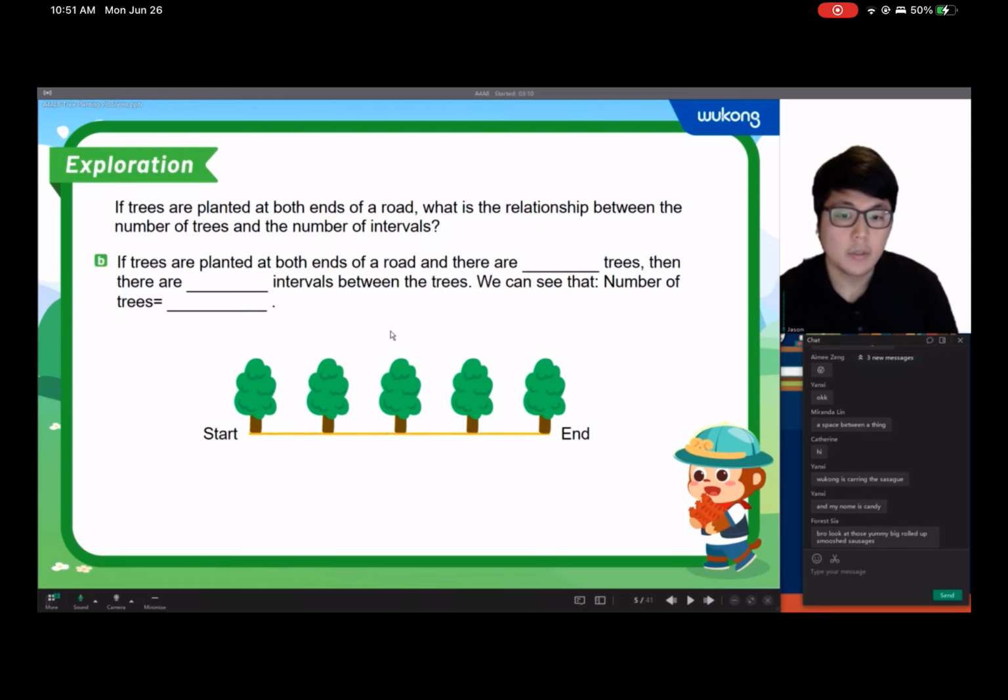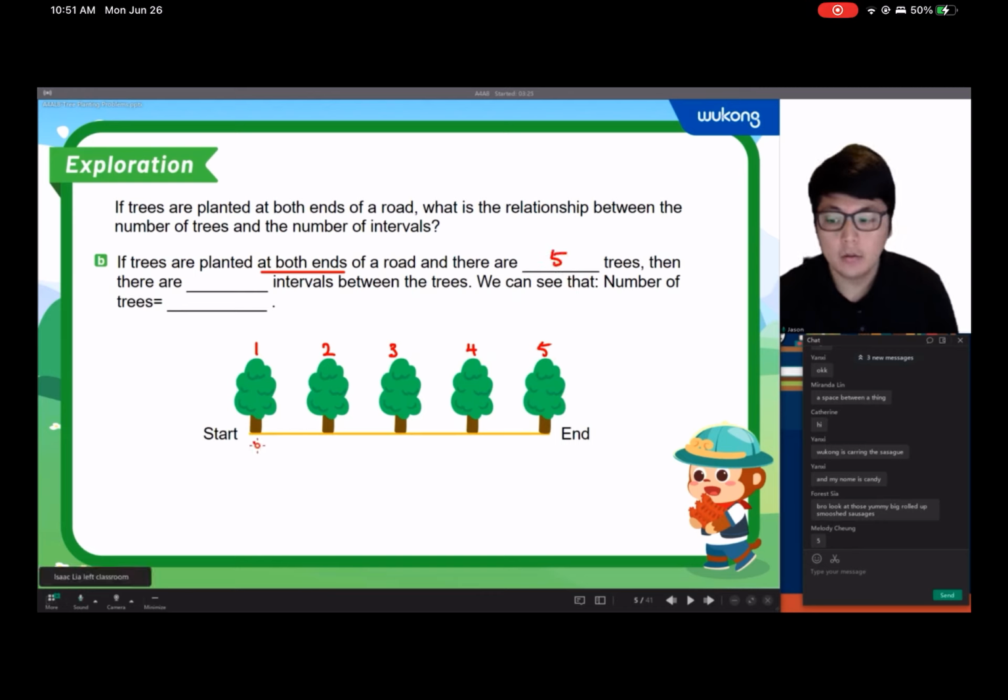Okay? I'm gonna see who remembers this. So again, if we have at both ends of the road, they are 1, 2, 3, 4, and 5 trees, right? Then there are 1, 2, 3, and 4 intervals.